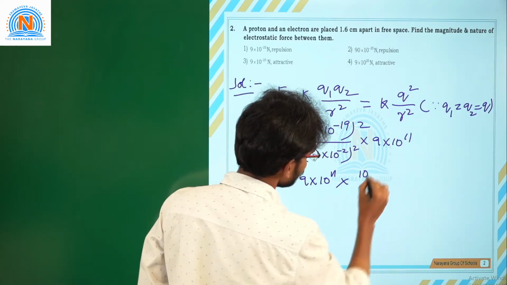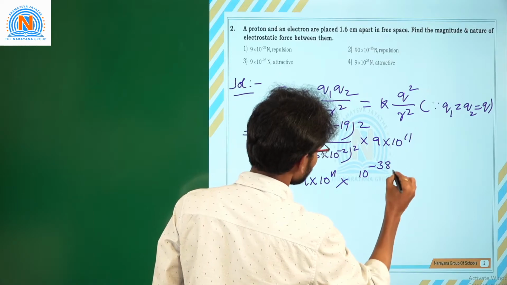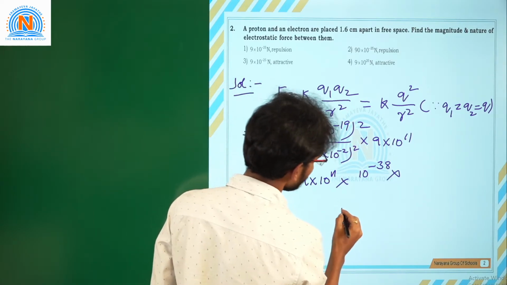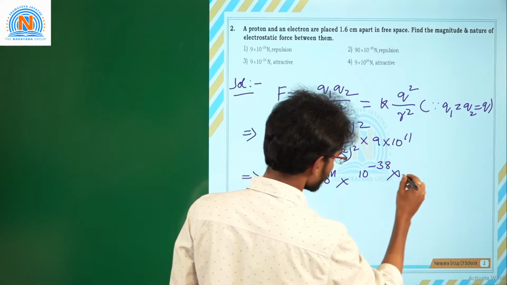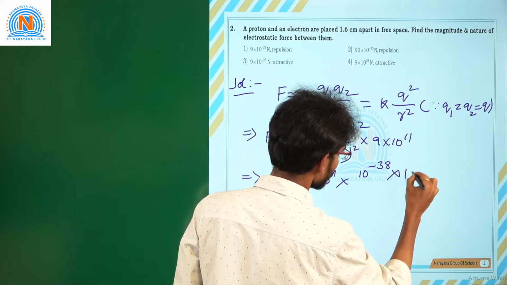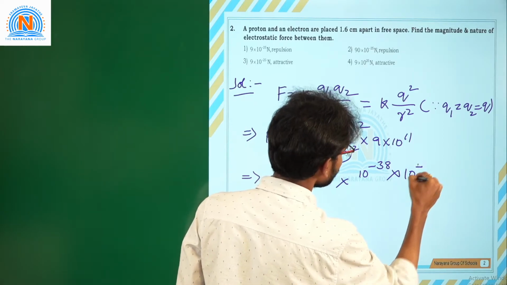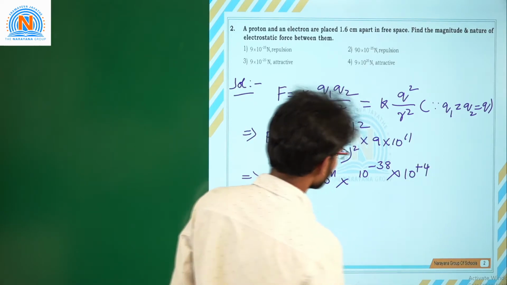10^-19 into 2 is 10^-38, divided by 10^-2 whole square, that is 10^-4. It comes to plus 4.